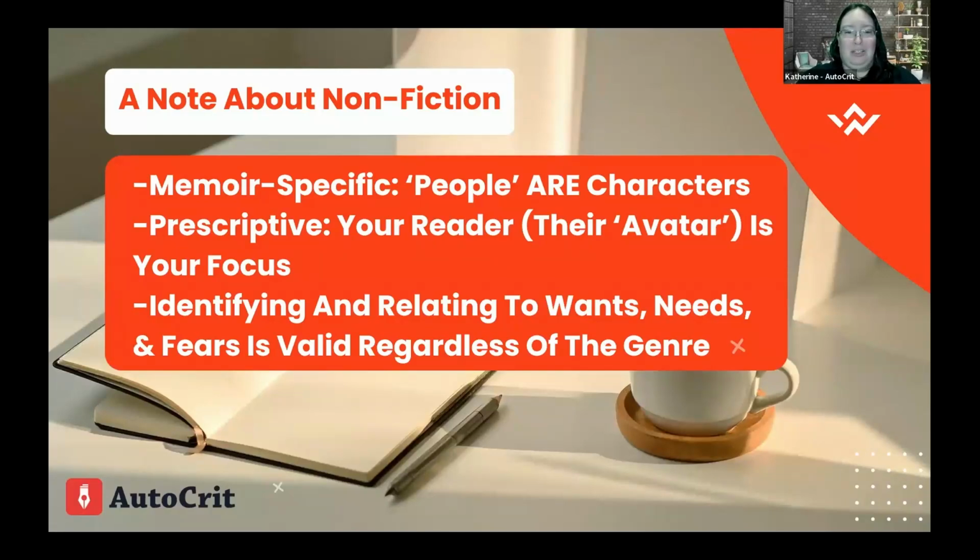So here for nonfiction, if you are writing a memoir, the people we read about in your memoir are your characters. And we expect some level of growth, and we do expect wants and needs and fears. And one of the challenges in writing memoir is getting outside of our own head to imagine what their wants, needs, and fears could be, so that they're not just shallow plot holding devices in your life story, that we see what could have driven them from an objective view.